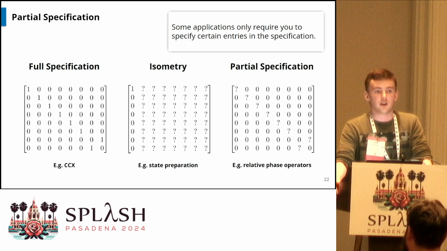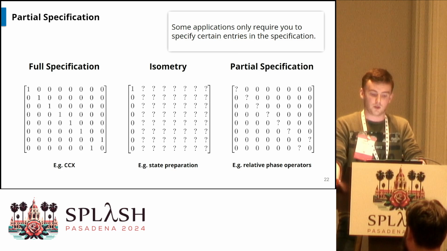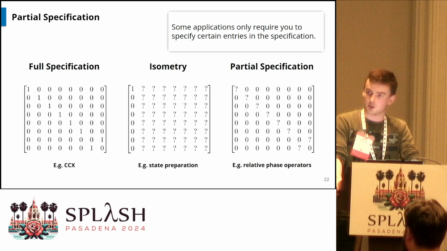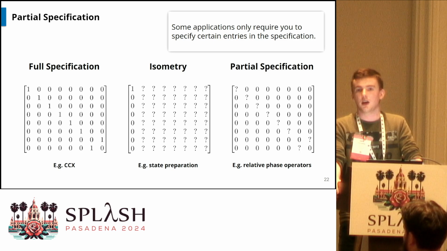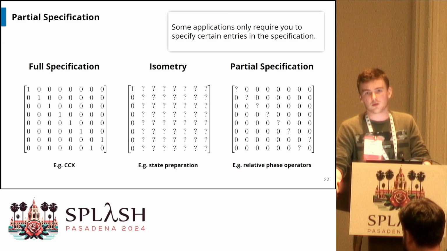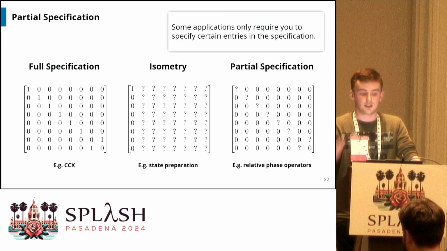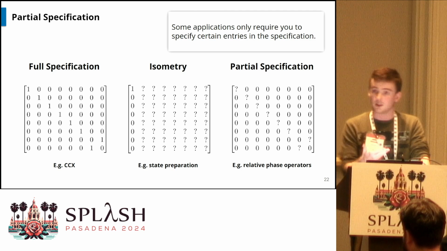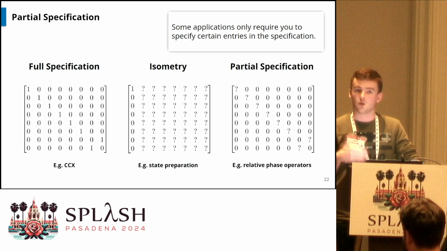Of course, you can also have full partial specification, which means that you don't have just rows and columns that are specified or not specified. You can have arbitrary elements that are underspecified. A use case here is relative phase operators, which you can see when you apply Boolean operators to your circuit. Boolean operators is the CCX gate, which only consists of 0s and 1s.